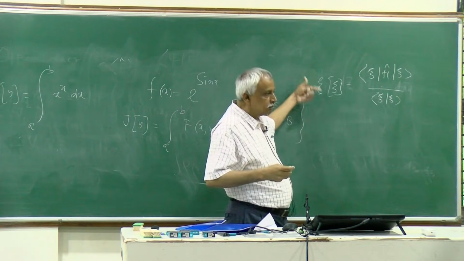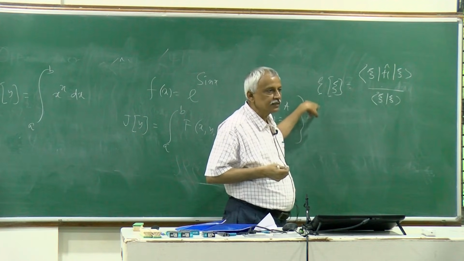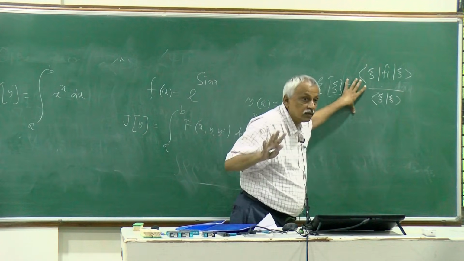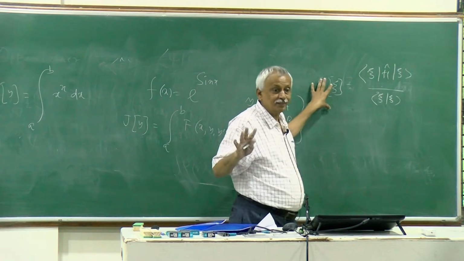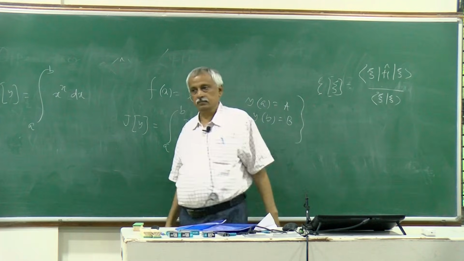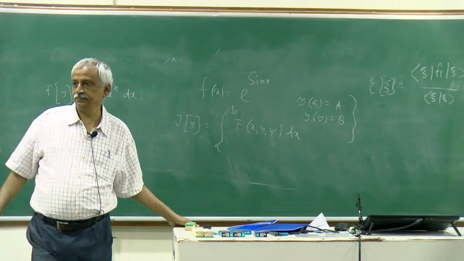Then you optimize the parameters present in your trial function and minimize this energy. That's the variational calculation. This is a functional. You see, because this energy is a number and that number changes with the trial functions. So this is just, you know what is a functional.